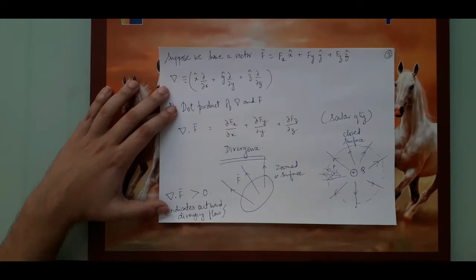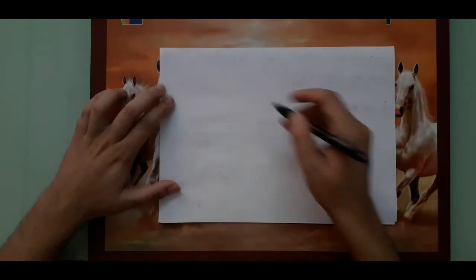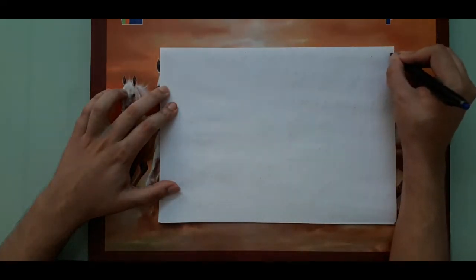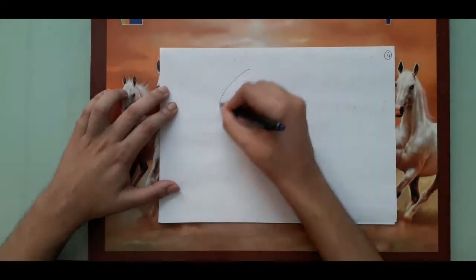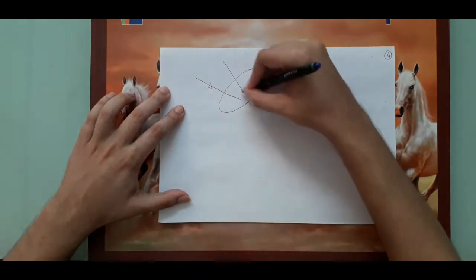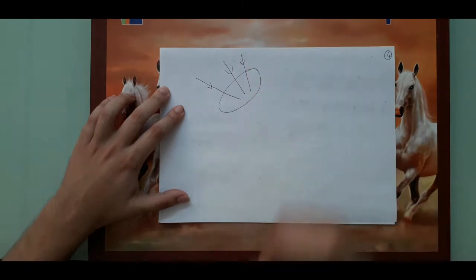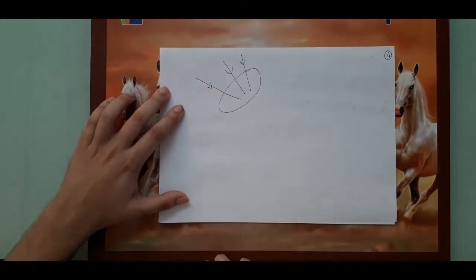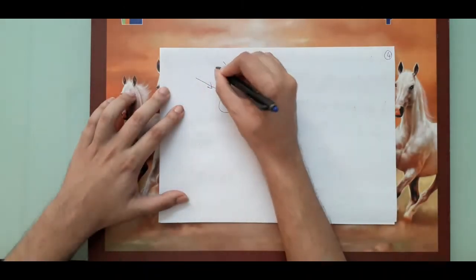Now, if I were to do something opposite, if I took that surface and I saw that the field lines are essentially going in, so these are an example of convergent fields.